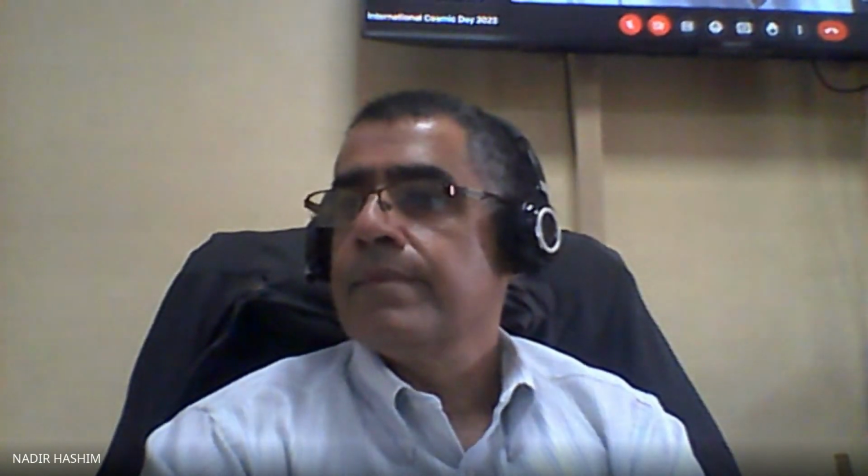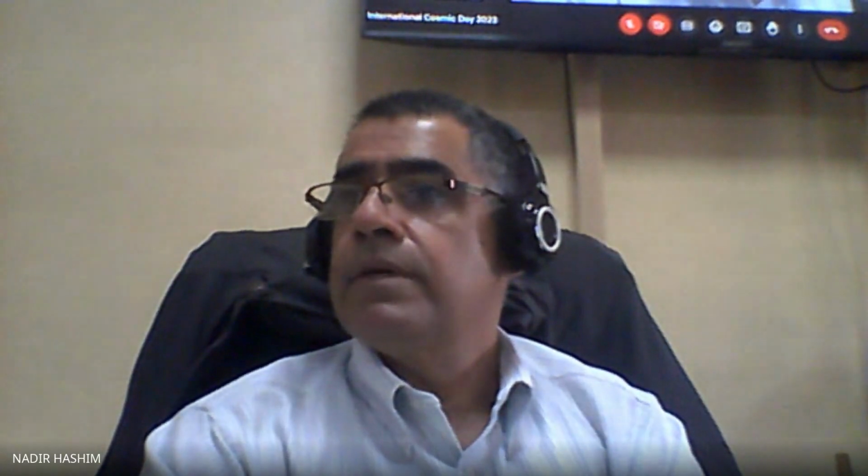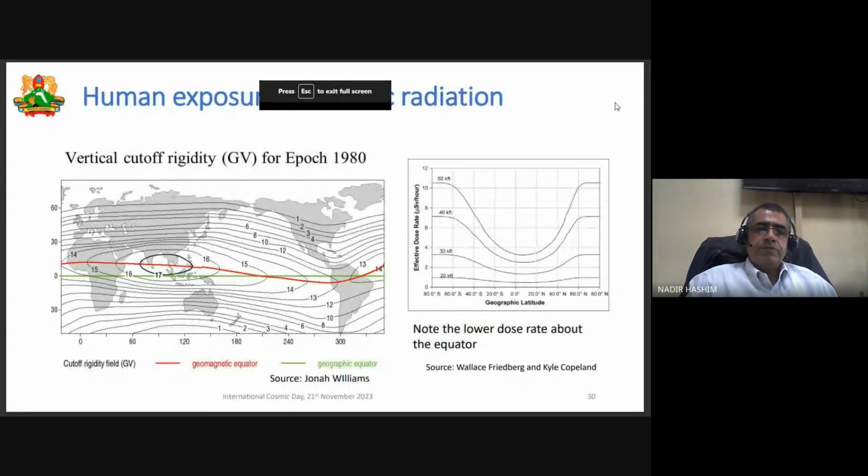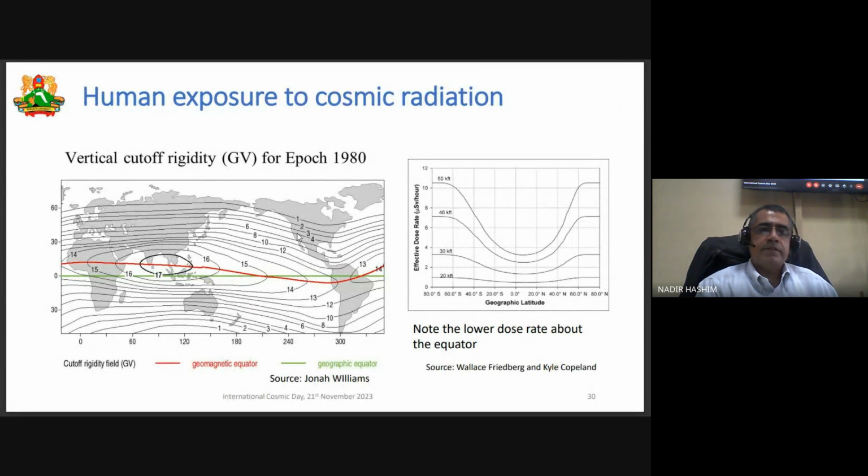rigidity, the ability of the magnetic field of the Earth to shield us from charged cosmic rays. So if you look at this diagram, the left side, this is the vertical cutoff rigidity. The numbers represent the ability of our magnetic field to shield us from charged particles entering our Earth's atmosphere.